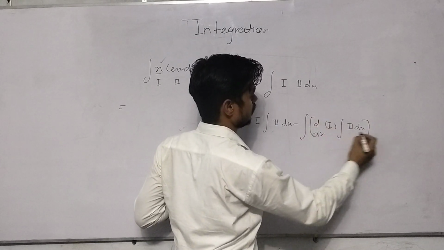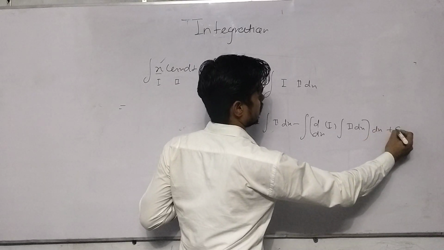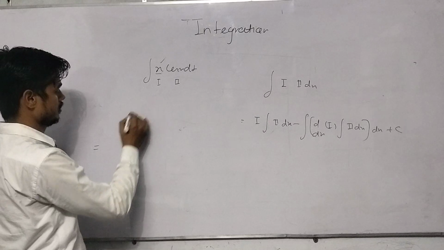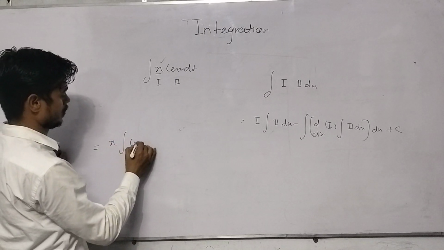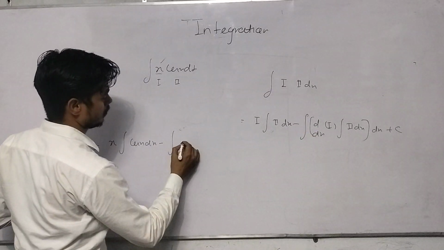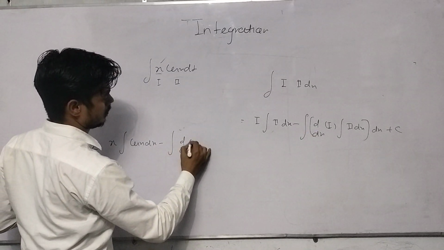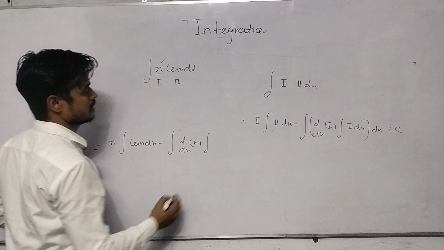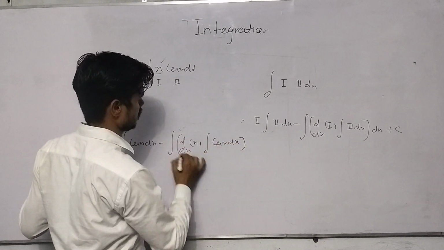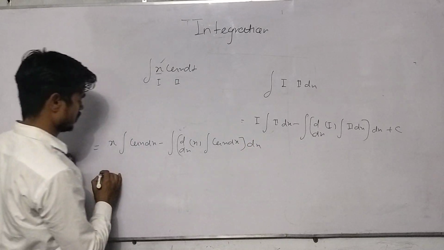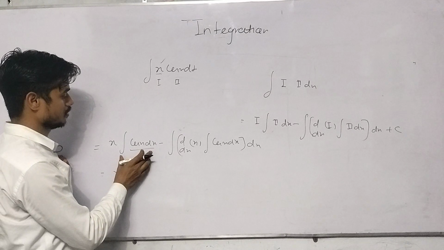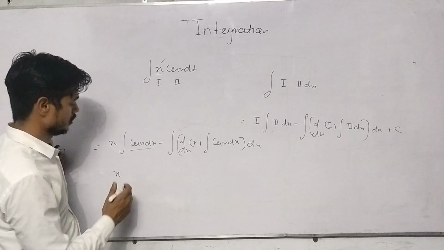Look at here, what will be the answer? x times integration of cos x dx, minus integration of d upon dx of x, which is 1, times the integration of cos x, which is sin x.